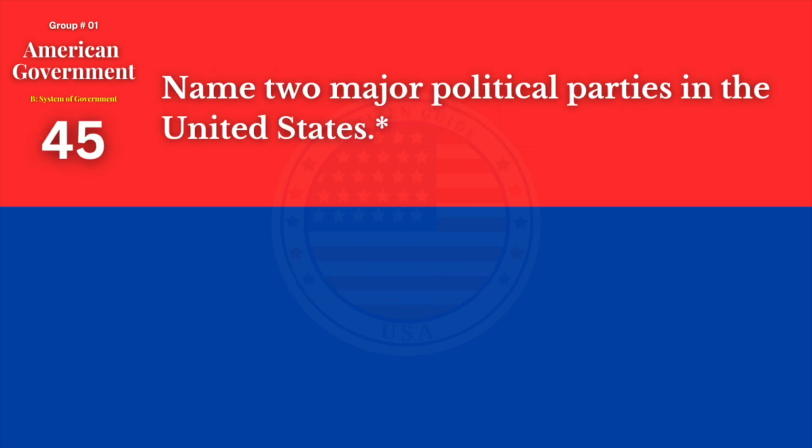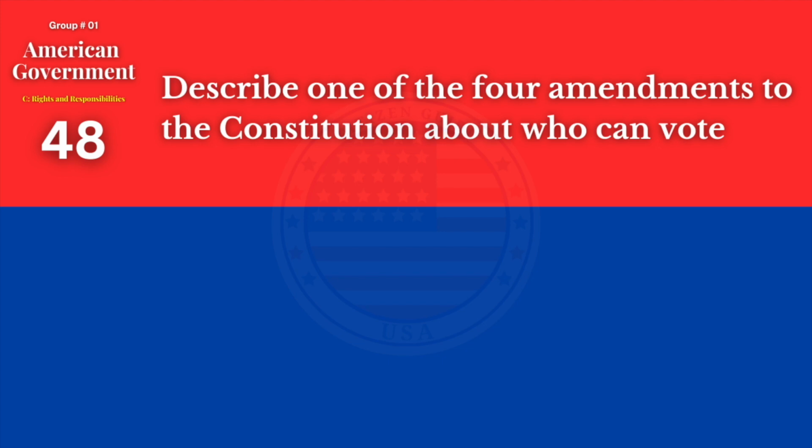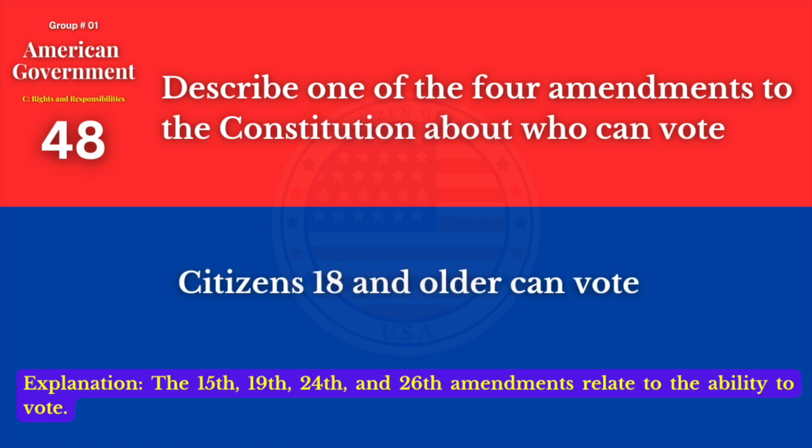Name two major political parties in the United States. Democratic and Republican. Describe one of the 4 amendments to the Constitution about who can vote. Citizens 18 and older can vote.